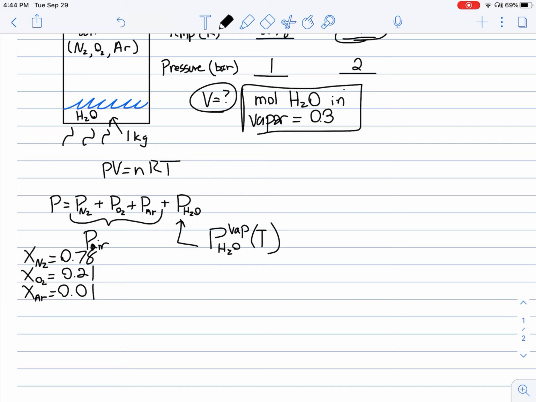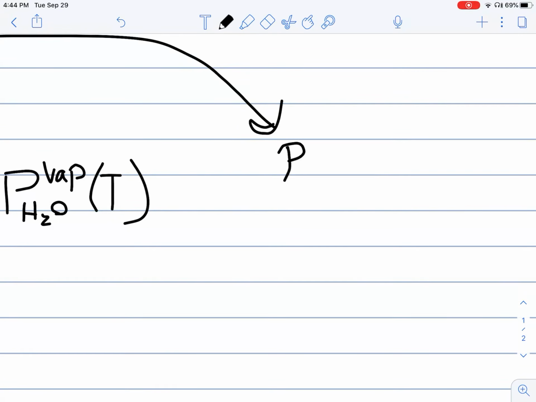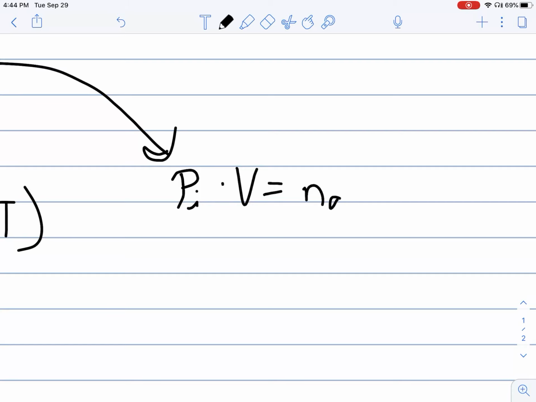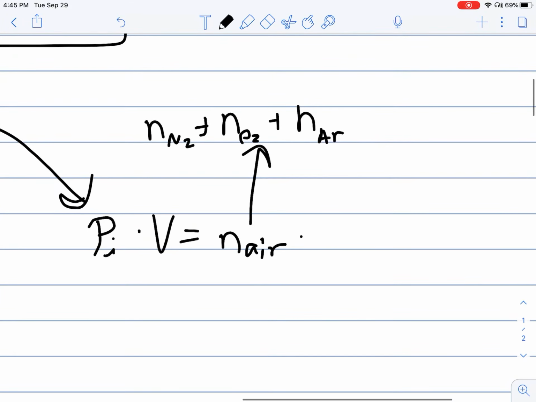Now, going back to our PV equals nRT, we can use this, say, for our initial pressure. Our initial pressure times our volume is going to equal the number of moles of air. The number of moles of water in the vapor phase is kind of negligible, so we will say n of air, and that is just the number of moles of N2 plus the number of moles of O2 plus the number of moles of argon, and then times R times our initial temperature.